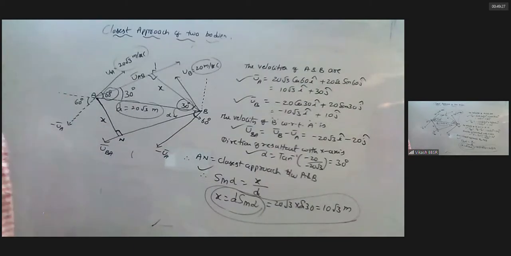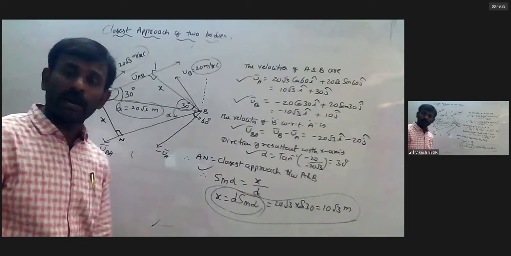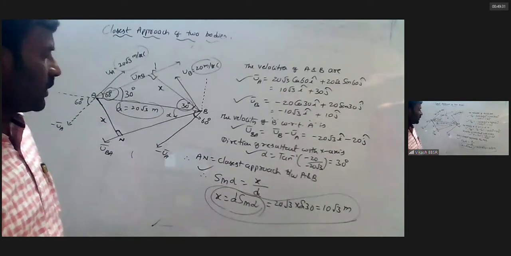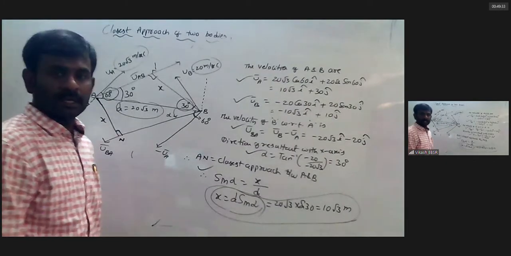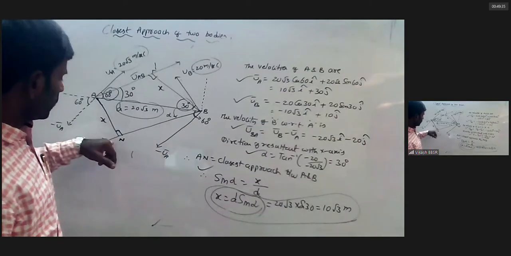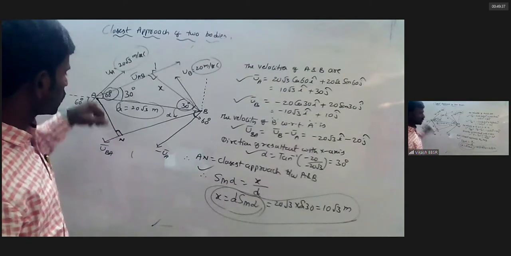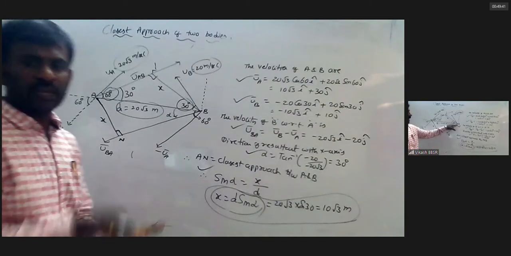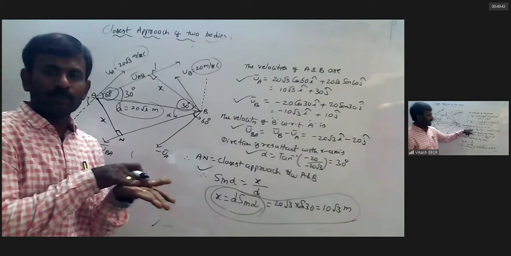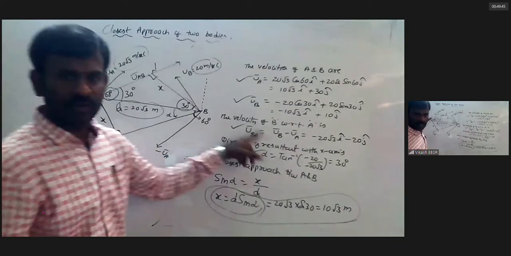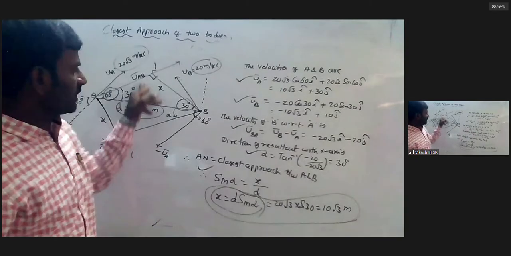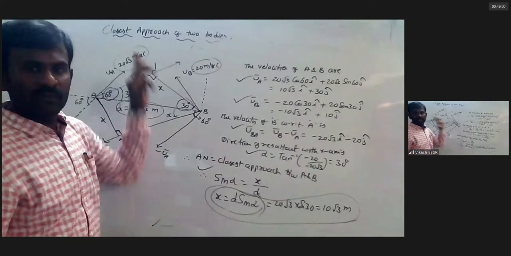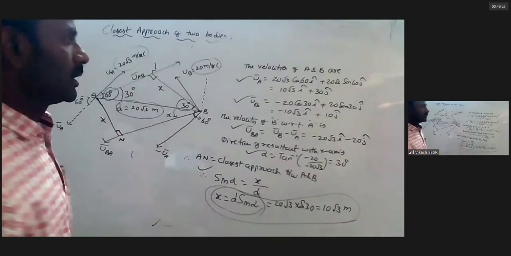The normal which is drawn from the relative motion between the two projectiles to the fixed point, may be on A, may be on B. If you take B with respect to A, fixed point is on A. If you take A with respect to B, fixed point is B. Can you remember? I give you here.